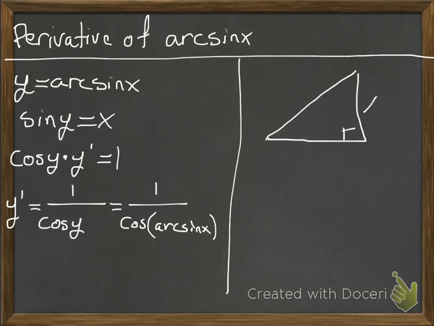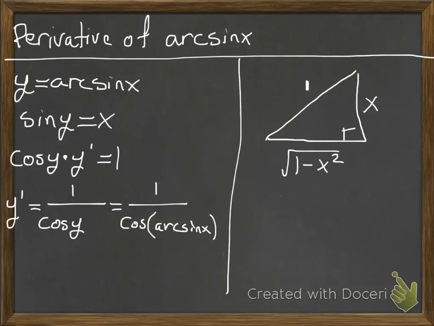Well, the ratio of the sides of the triangle is x. And the sine is opposite over hypotenuse, so the easiest way to get x would be your opposite is x, your hypotenuse is 1, so x over 1 is x. And then we have 1 squared equals whatever this is plus x squared. So we subtract x squared and take the square root, and that's where we're going to get the adjacent side on this triangle.